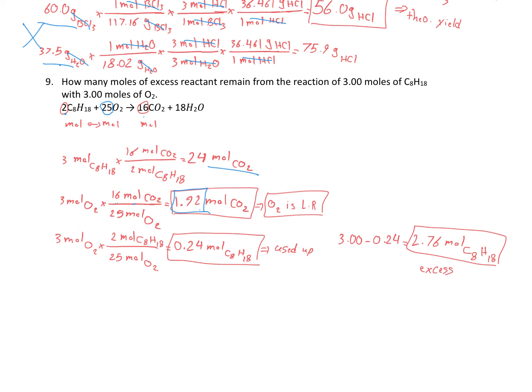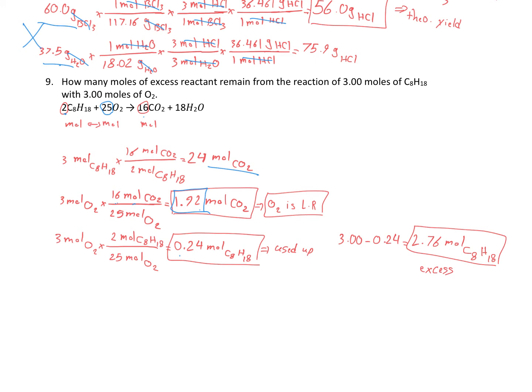So with 3 moles of oxygen, using stoichiometry, I'm going to the moles of C8H18. 25 moles of oxygen equals 2 moles of C8H18, which equals 0.24 moles of C8H18. So that's the amount of the reactant which is used up.